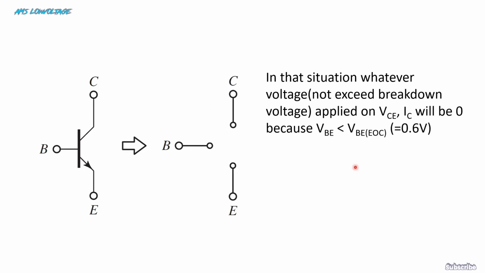In that situation, whatever voltage you apply on VCE, collector to emitter, the transistor will not pass any current. That means the collector current IC will be 0 because the base emitter voltage is less than 0.6 volt or no base voltage.